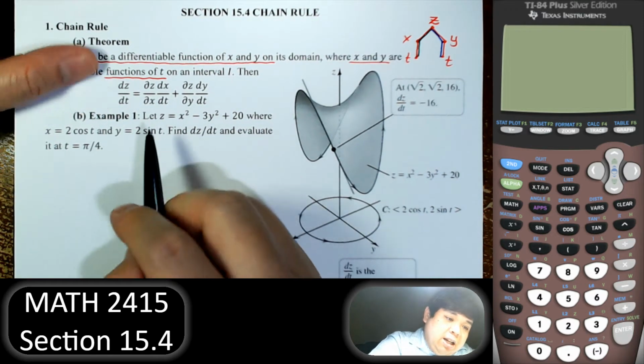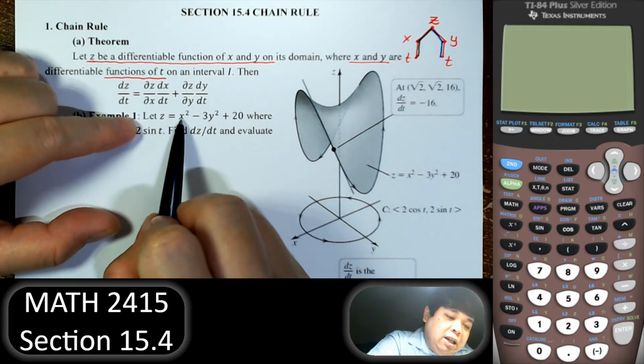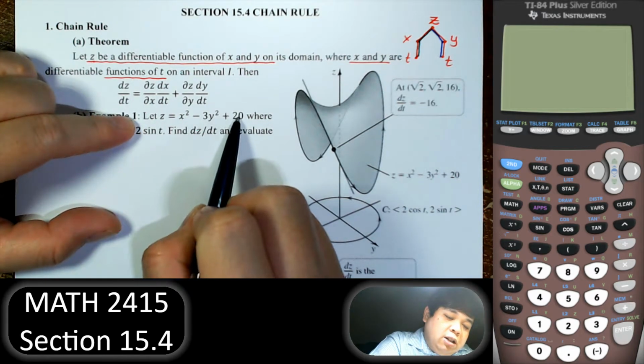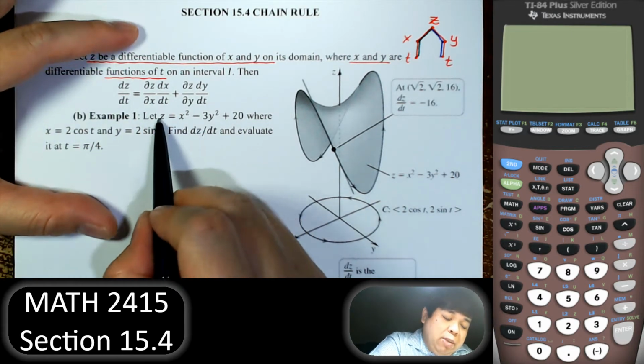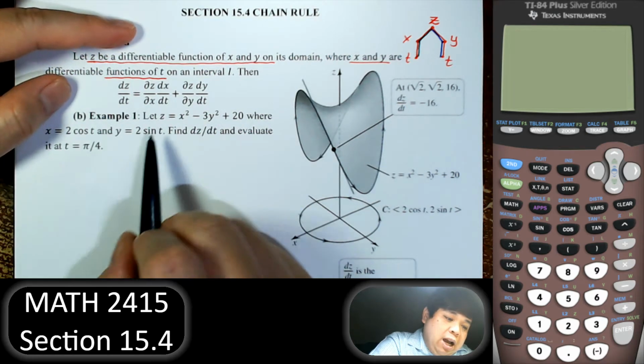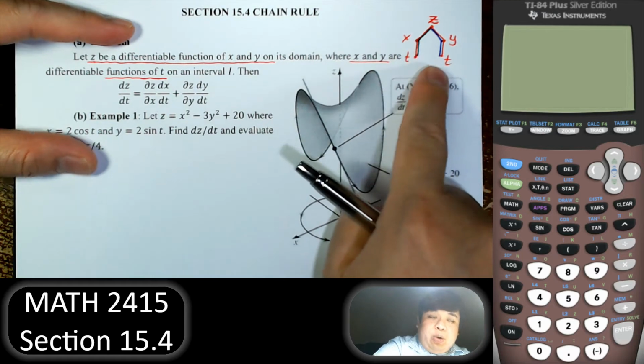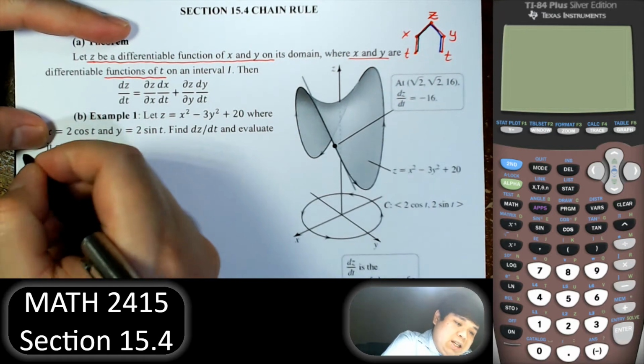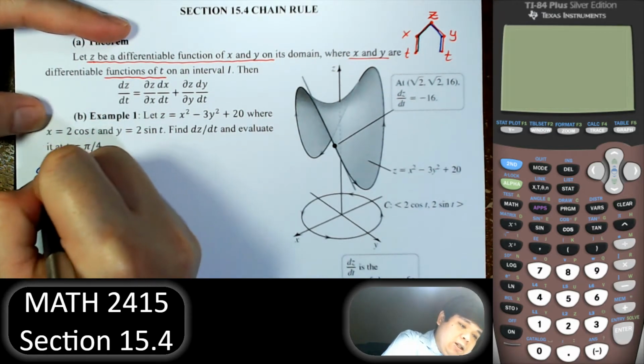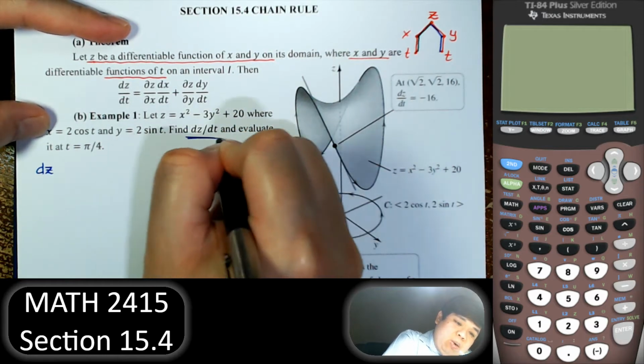Now, example, let z be this function. Of course, it only depends on x and y, and then x is a function of t and y is a function of t. So we have exactly that diagram. So we're going to write dz over dt. That's what the question asks us to find.